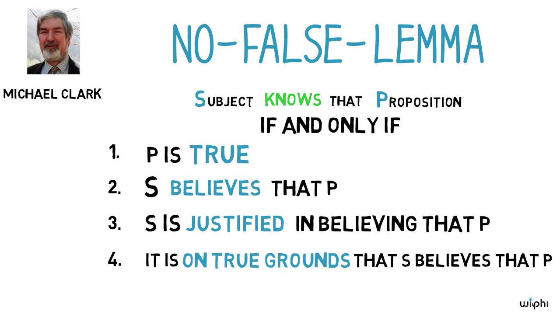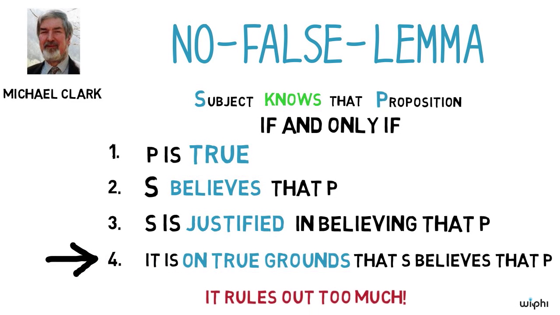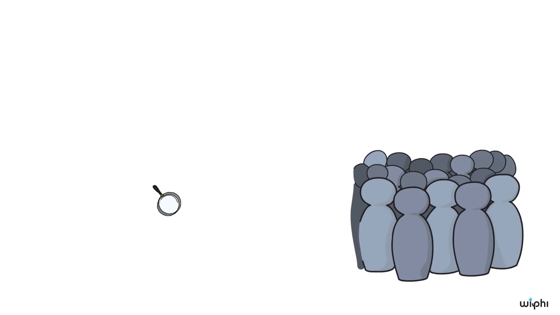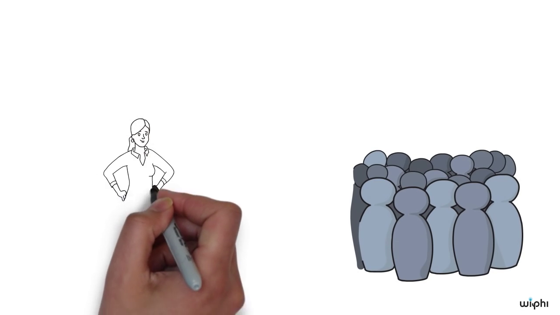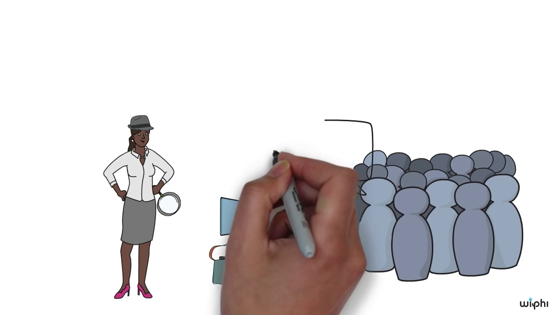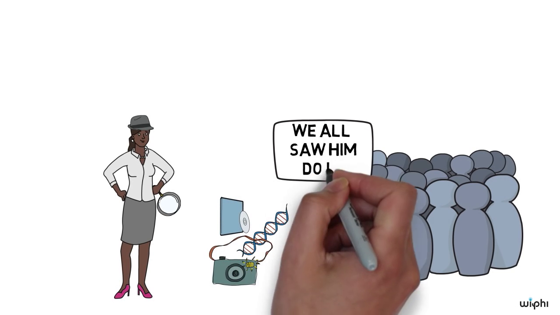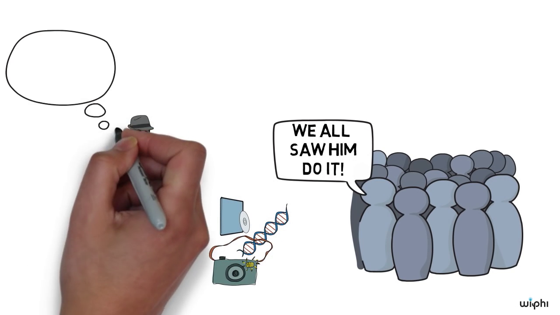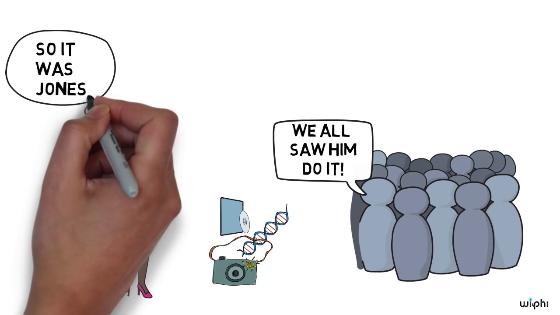One problem with this approach is that condition 4 seems to rule out some perfectly good cases of knowledge. Imagine a detective who has a ton of evidence that a certain person is guilty of a crime: videotapes, DNA, dozens of witness statements. And this detective makes a true judgment about the culprit on the basis of all this.